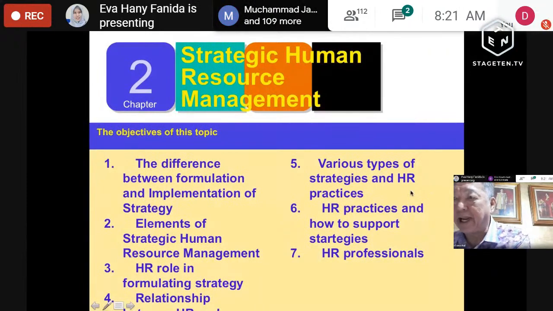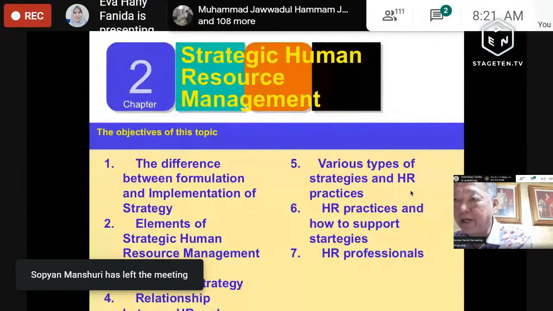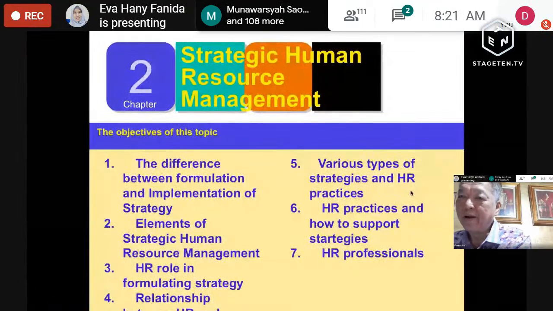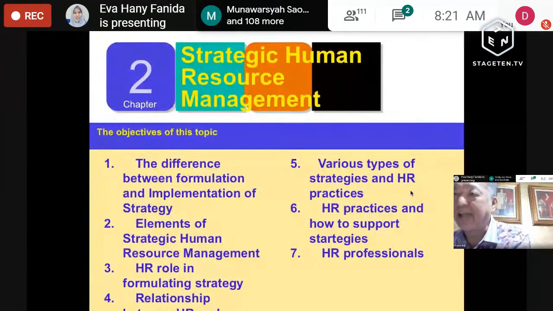For the first one, HR roles in formulating strategy: as an HR department connected to the organization, we should now play more of a role in helping the CEO set up the strategy for the organization as well. This is the changing role.